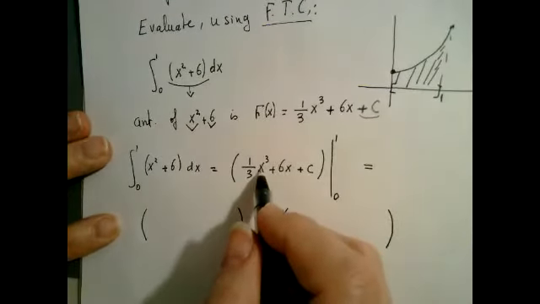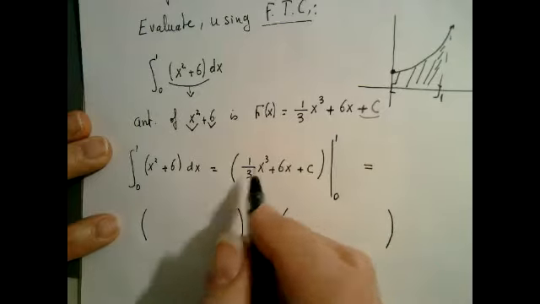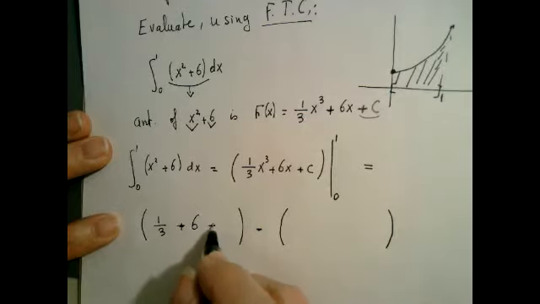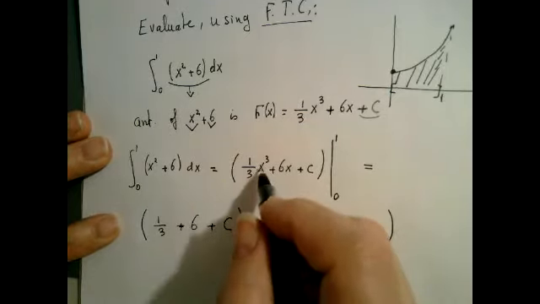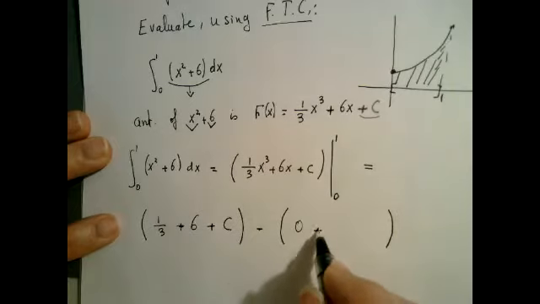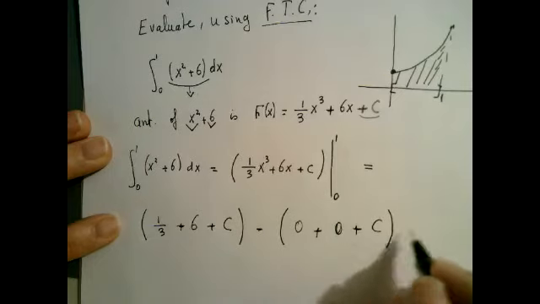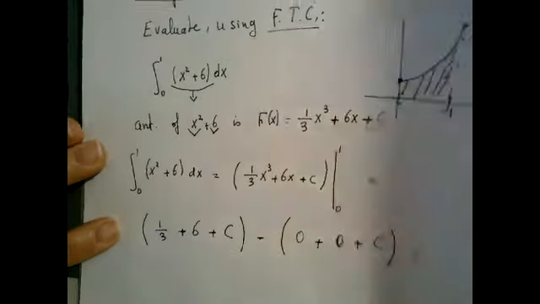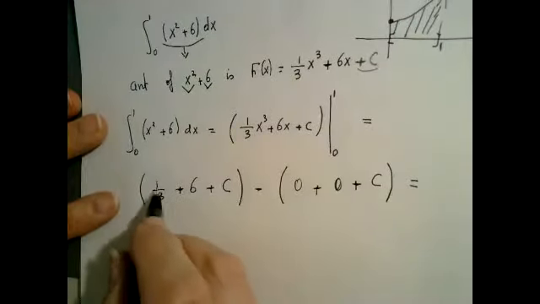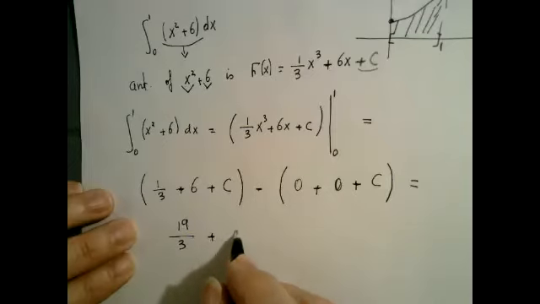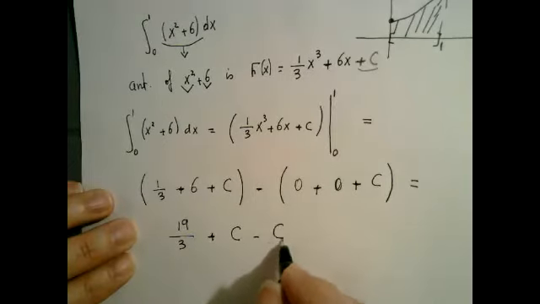At the upper limit, I plug in 1. So the value at 1 is 1/3 plus 6 plus c, minus the value at 0. If I put 0 here, I get 0 plus c. Finally we get 1/3 plus 6, which is 1 plus 18, so 19/3, plus c minus c.